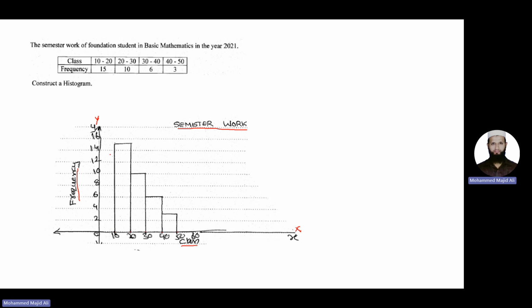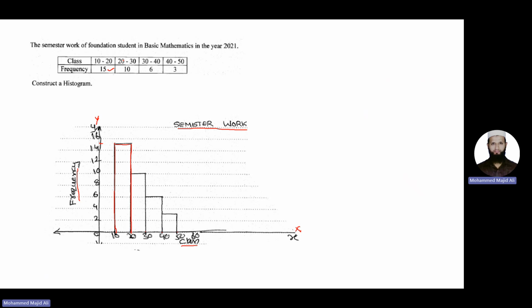So 10 to 20, what is the frequency? 15. So we'll make a bar of length 15 from 10 to 20.